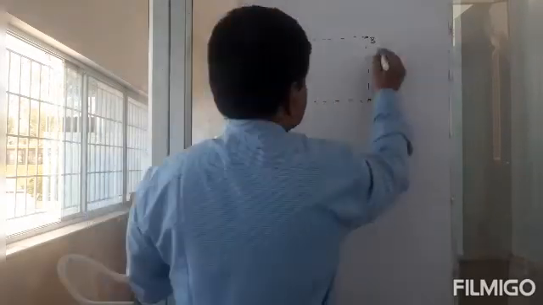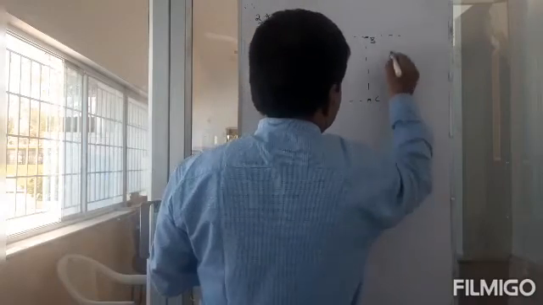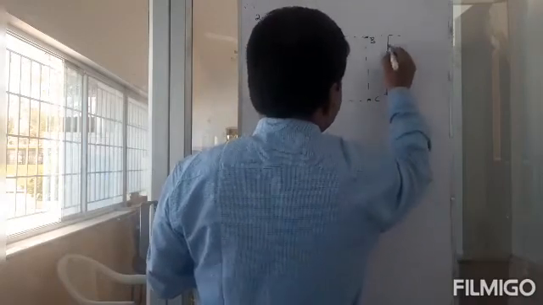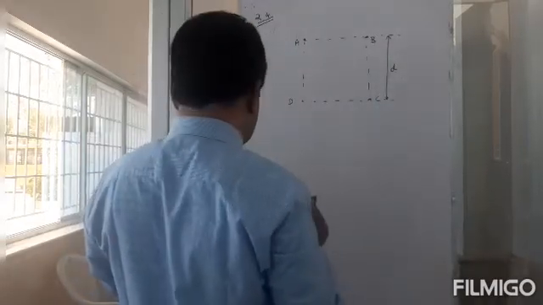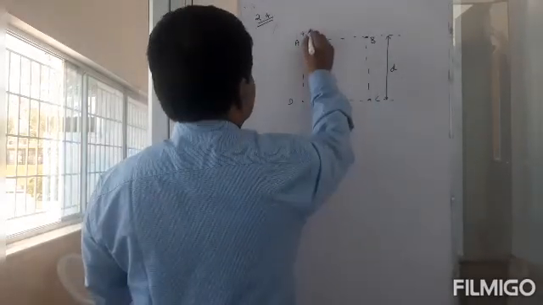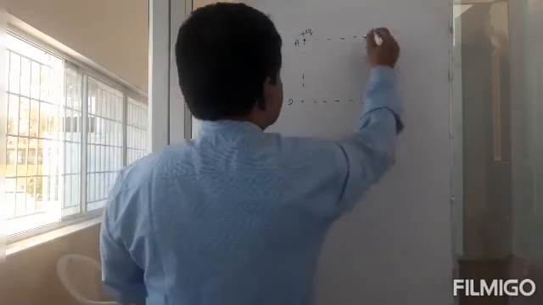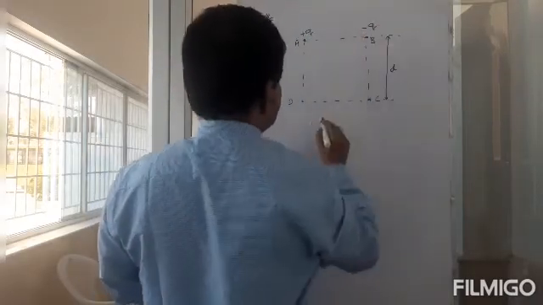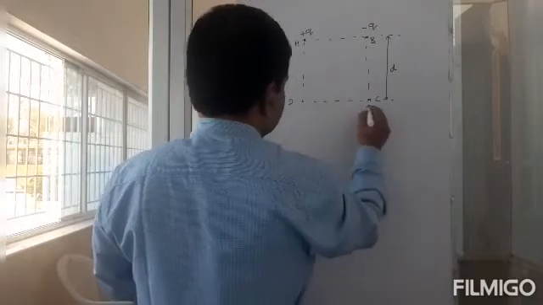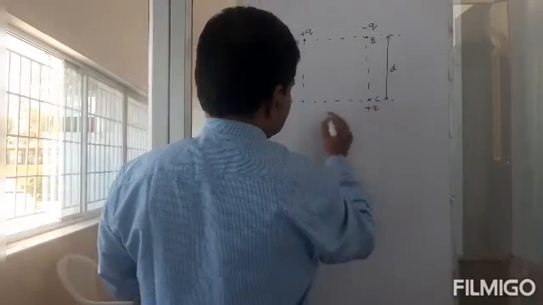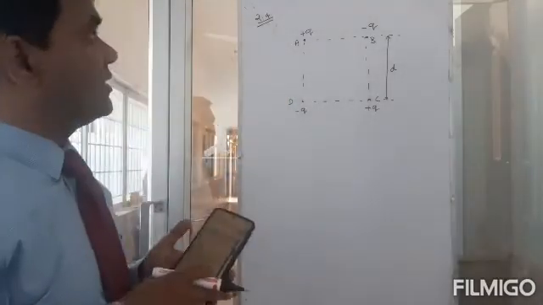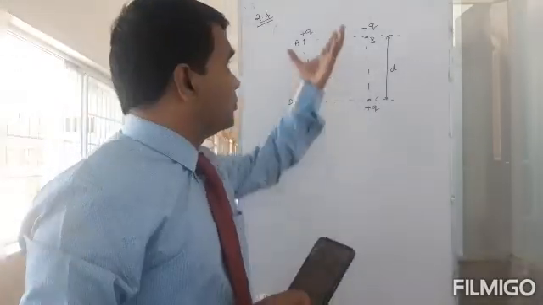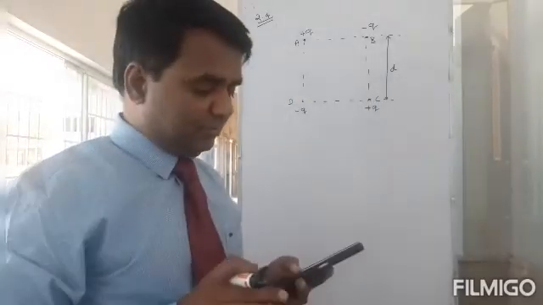Side is D. Okay, so this length is D. The charges are plus Q here, and then minus Q here, and plus Q here, then minus Q here. The first question is, what is the amount of work you need to do to put this arrangement together?